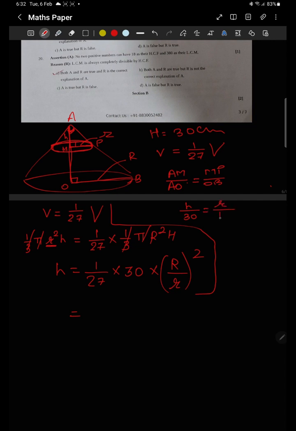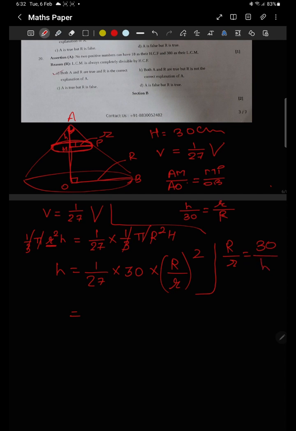OB is my capital R. So my h will be what? This is in division, while shifted to R it will be multiplied. Or else I'll keep this as it is. I want the value of capital R by small r, so I want the value of R by r, which is 30 by h, right?